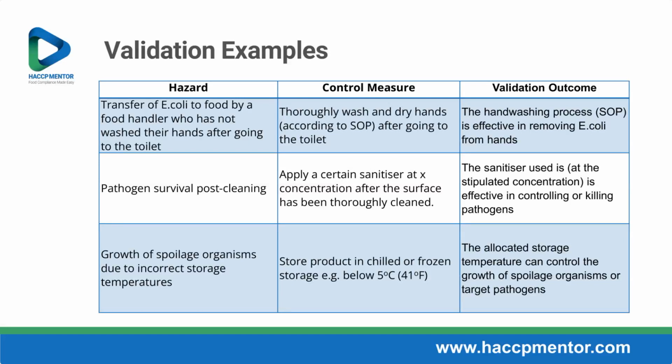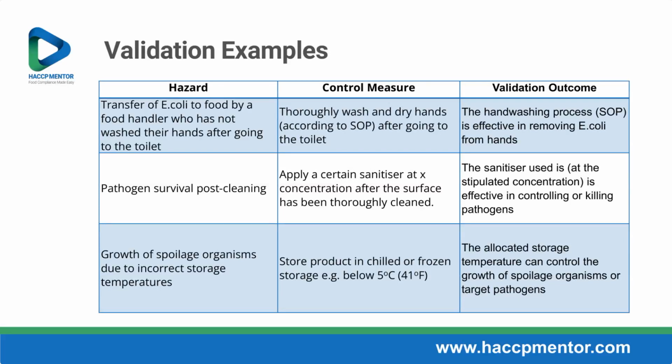This one, again, theoretical validation will come in handy here. You can refer back to your local regulations. You'll find that, from what I've seen, they'll all have prescriptive requirements around storage temperatures, especially of ready-to-eat foods, or high risk, I should say, ready-to-eat foods.